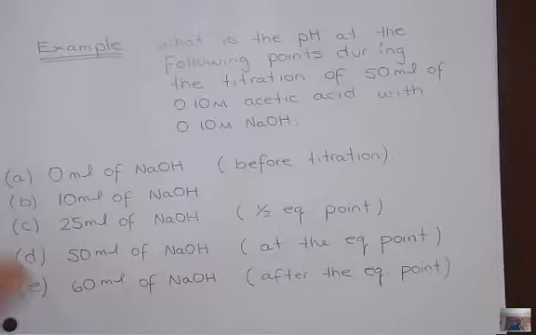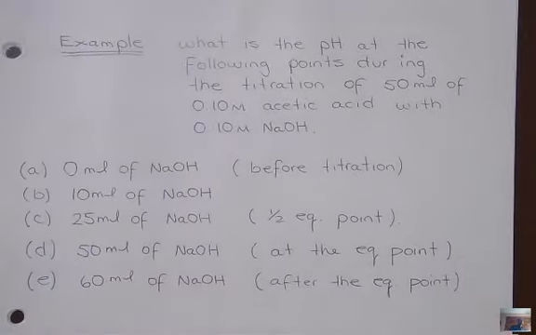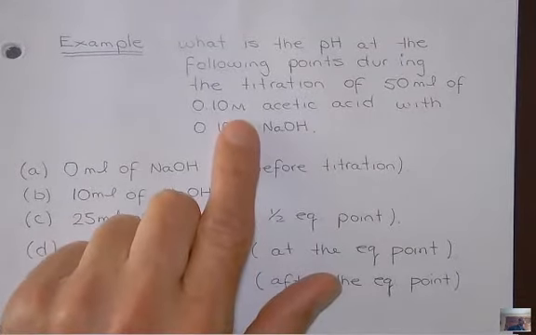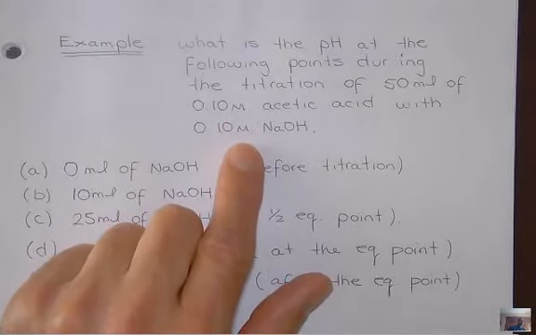Okay, here's an example that we're going to do soup to nuts, which is an old-fashioned term meaning every little aspect of it. We are going to calculate the pH at the following 5 different values for the titration of a weak acid with a strong base.